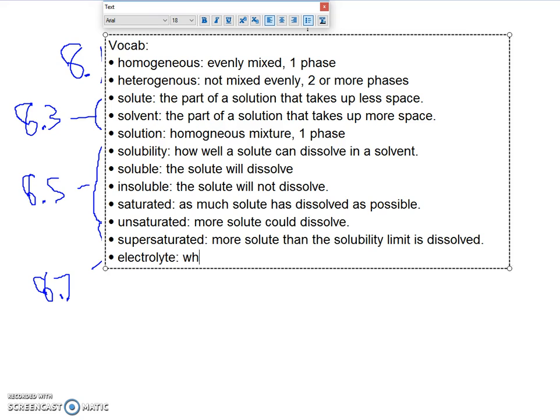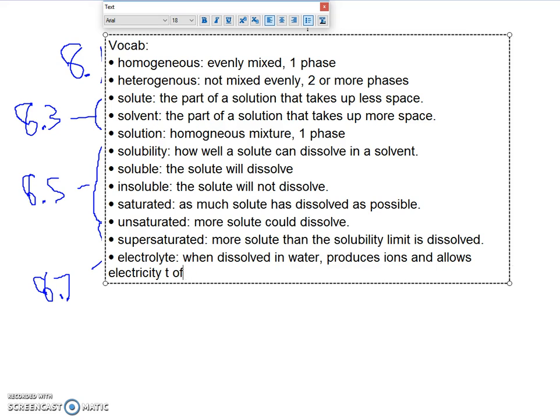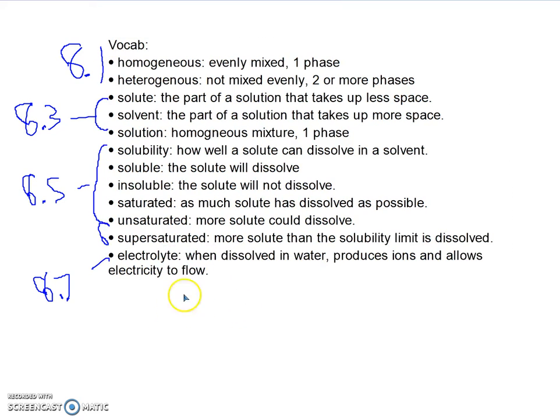Electrolyte is a substance that, when dissolved in water, produces ions and allows electricity to flow. This one we tested in class with the light bulb and it lit up in salt but not sugar. So that is a lot of vocab. A lot of it's related though, so if you remember one, you'll be able to figure out the other.